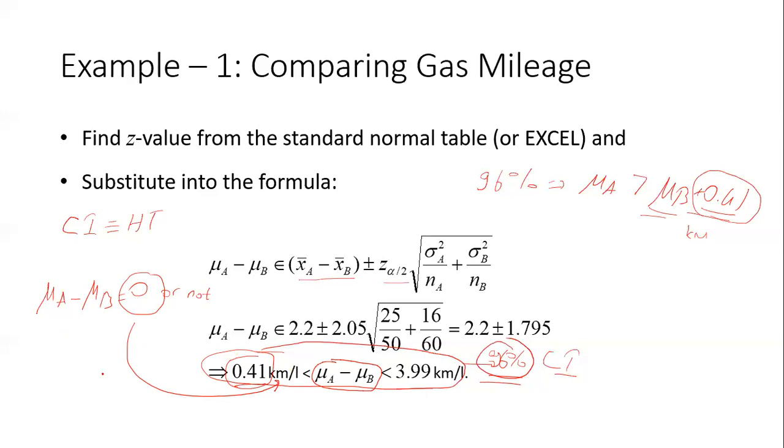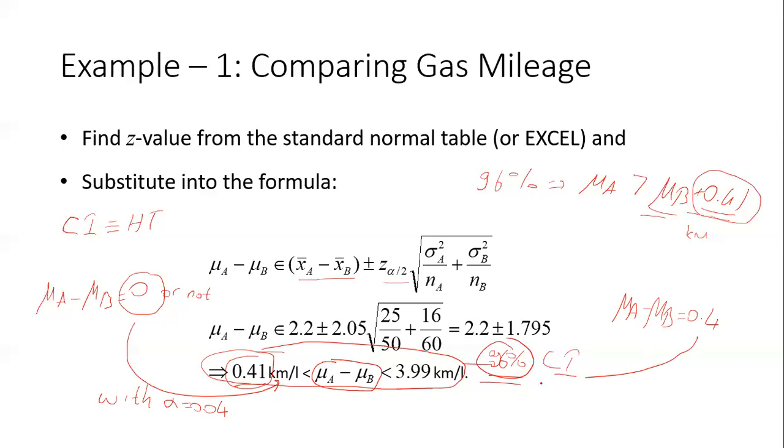Remember, both the confidence interval and hypothesis testing should use the same alpha, with alpha equal to 0.04. So for example, if I ask you to test whether mu A minus mu B equals 0.40 versus not equal to 0.40, what's your answer?